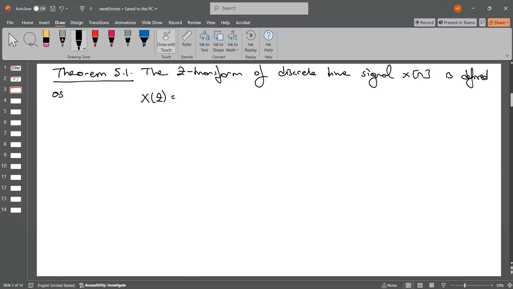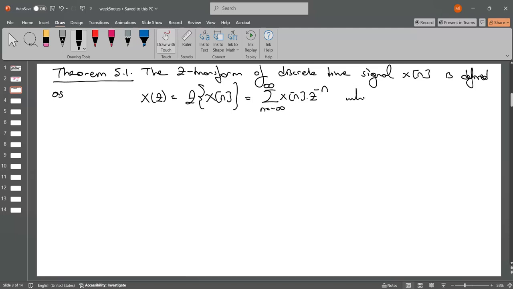This is the general notation for defining the Z transform, and so the Z operator on x[n] is equal to the total summation of the whole signal, x[n] times z to the power of minus n. Okay?